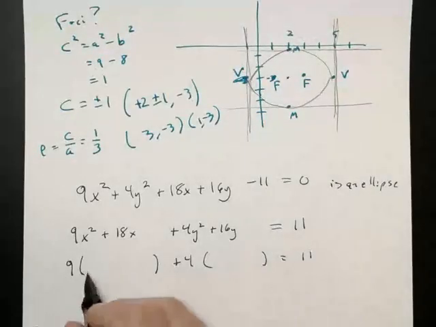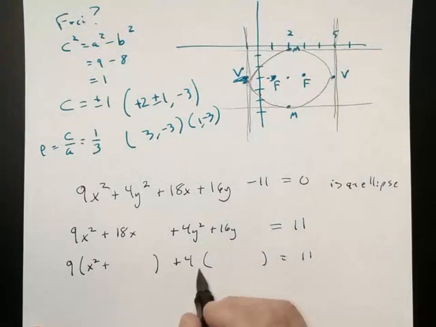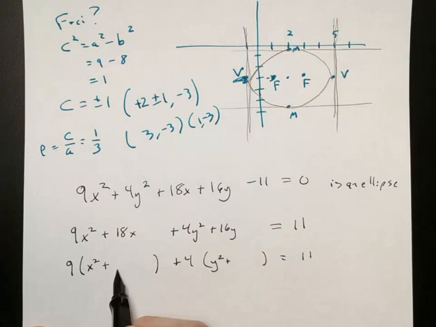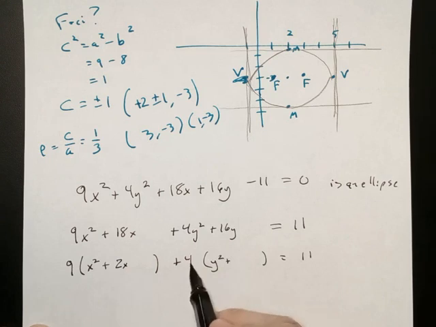Let's fill in what got left behind. What x goes here? If I pulled out that 9, what should be here? 2x. What should be here if I pulled that out?